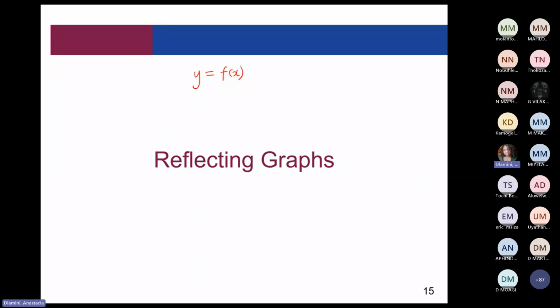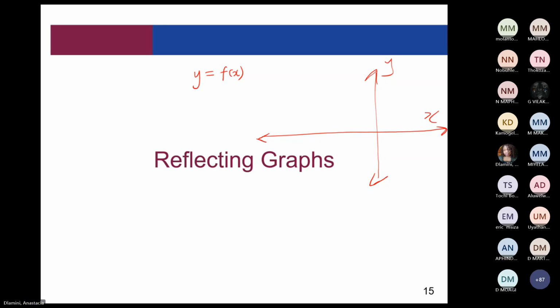Are we all together there? Yes, ma'am. Let me draw my Cartesian plane. This is our Cartesian plane.